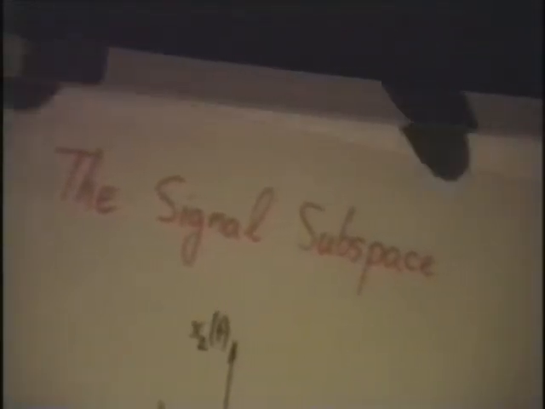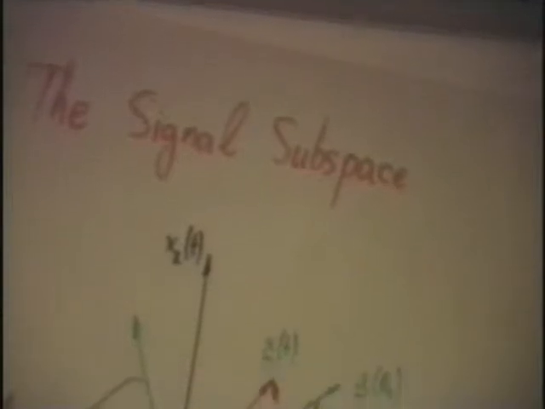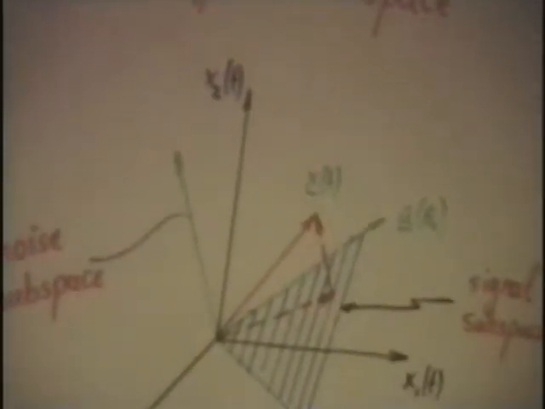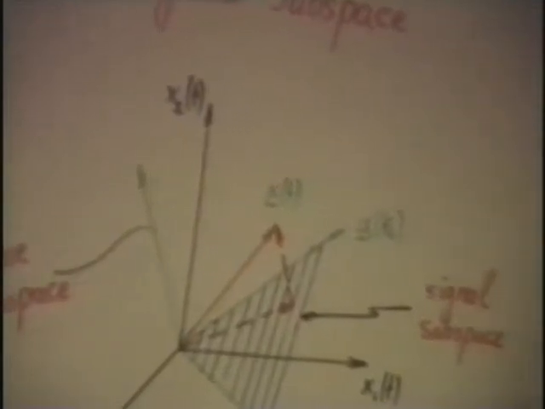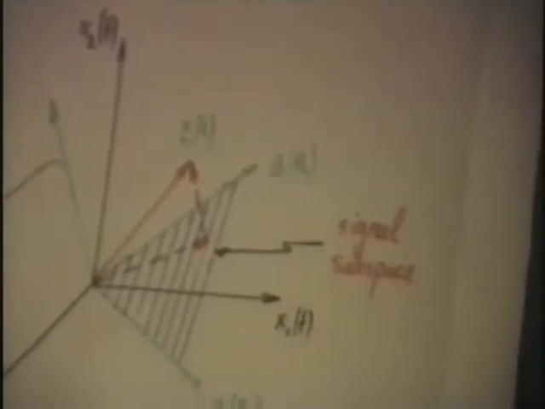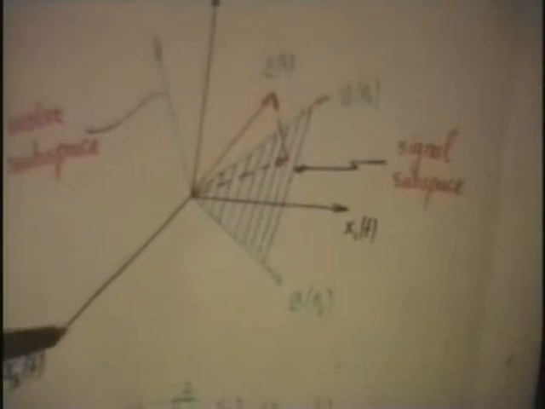So let me give you a geometric interpretation of this model, which is very essential to the rest of the talk. Suppose, for simplicity, we have a three-dimensional problem. So our vector x of t is three-dimensional: this is x1 of t, x2 of t, and x3 of t.